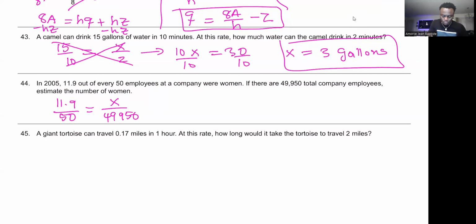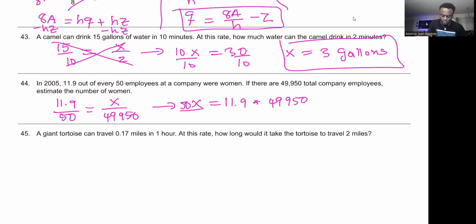So that means 50X equals 11.9 times 49,950.